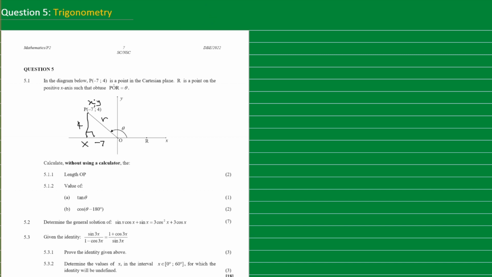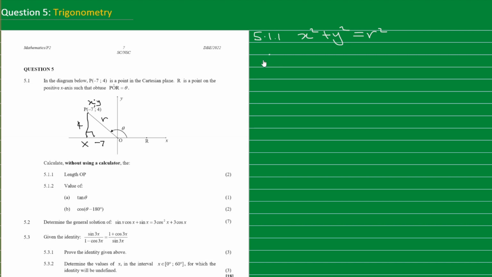So from Pythagoras, we can use Pythagoras theorem, which is simply written as x squared plus y squared is equal to r squared. The r is the hypotenuse OP, and the x is the x coordinate, and the y is the y coordinate.